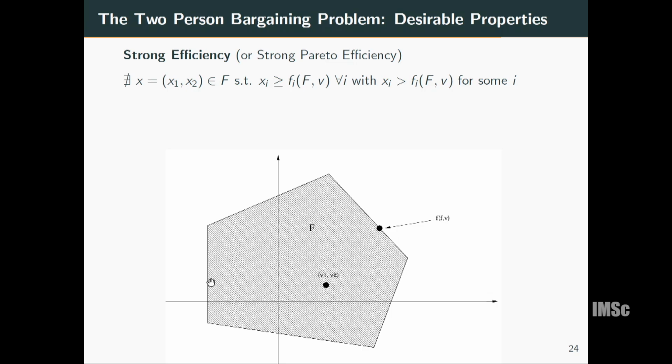This line will be all the points that satisfy Pareto optimality. So, any solution on this line will satisfy strong efficiency. Sure? Okay, good. This is individual rationality. You also want individual rationality to be satisfied. That means the solution that you are looking for should be at least better than the disagreement point.